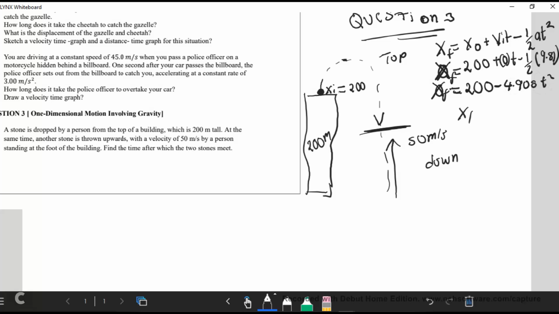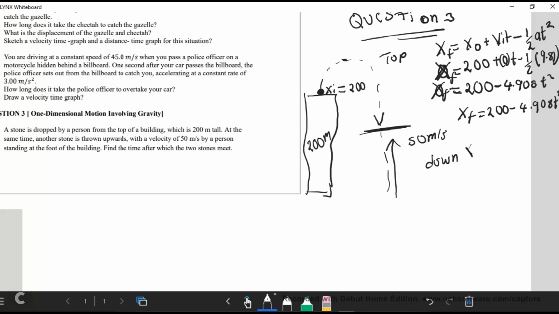So this is your equation 1 for the top stone. So how about the one from the bottom?